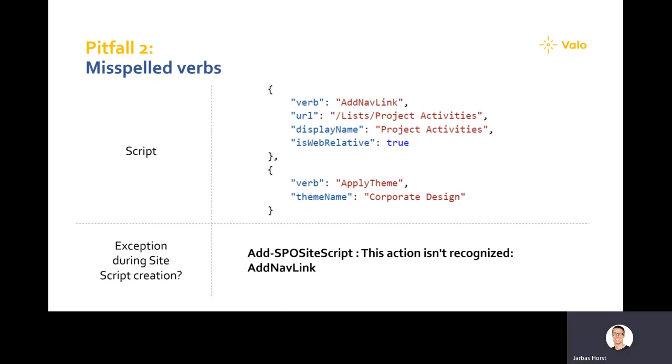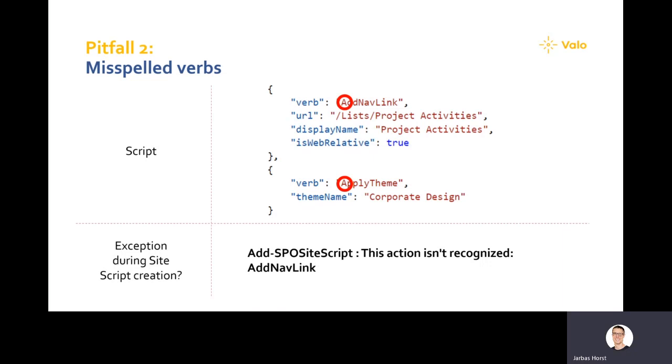Well, what's wrong here? As you can see, the A of my verbs are not correct. And well, as I said, verbs. So not only the first verb, but also the second verb is wrong. And interesting here is that I'm only getting an exception for the first verb.